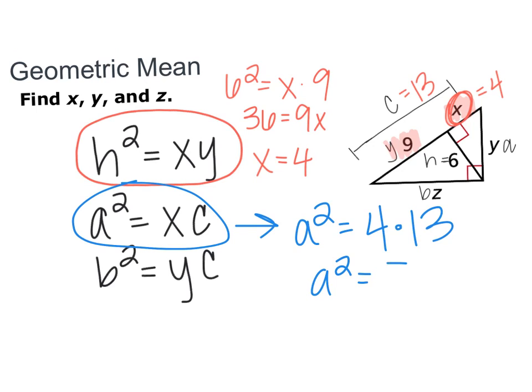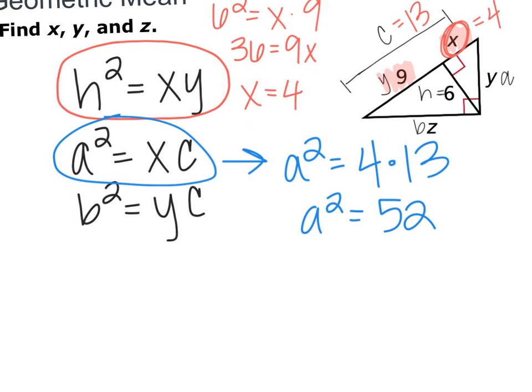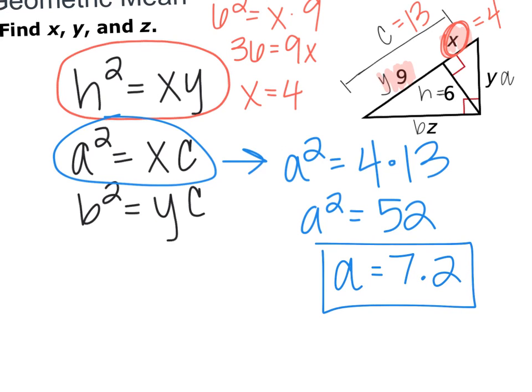A squared equals 52, so to get a by itself, we square root that. The square root of 52 is 7.2. So a is 7.2, and that's that side.